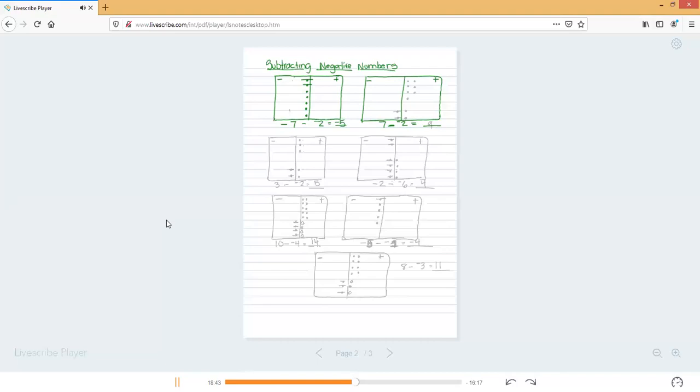So we have 7 positive, and I need to take away 2 negative. So now I have to jump over here to the negative side. Whoa, now that's different. We haven't done that one before. So I drew my 7 positive, and I have to take away 2 negative.